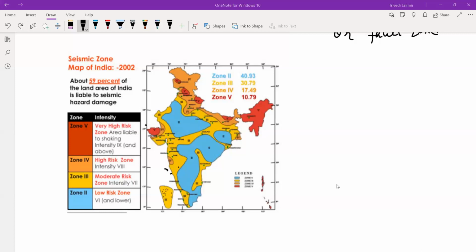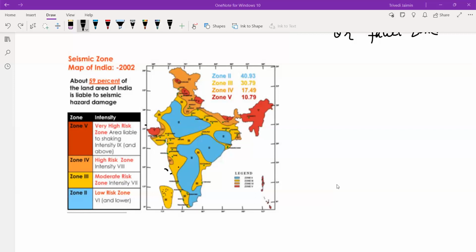Intensity high means there can be severe, huge damage. And this is not exact, nobody can get exact values of this. We can say 99% accuracy, we can conclude that.